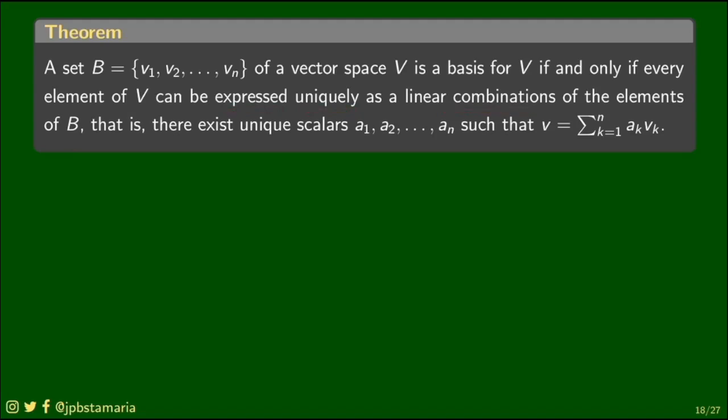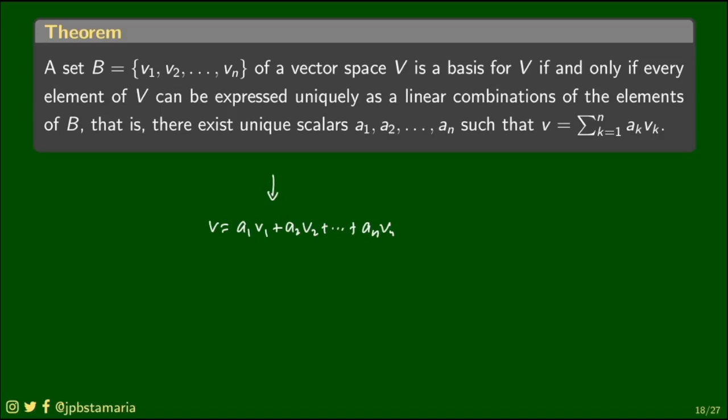In other words, there are unique scalars a1, a2, up to an, so that v is a1 v1 plus a2 v2 plus and so on and so forth, up to an vn. Now, of course, a basis is a spanning set.